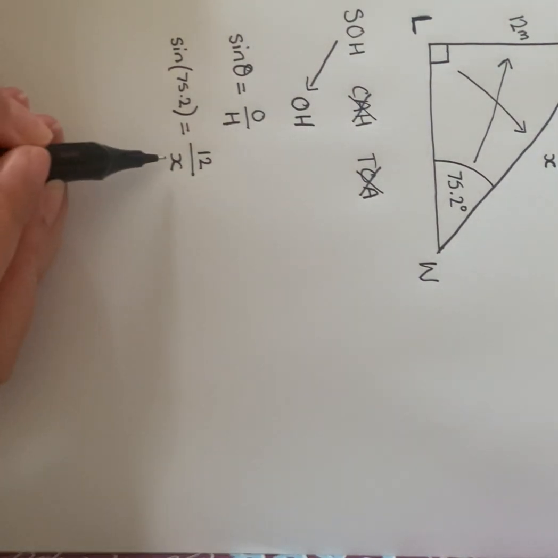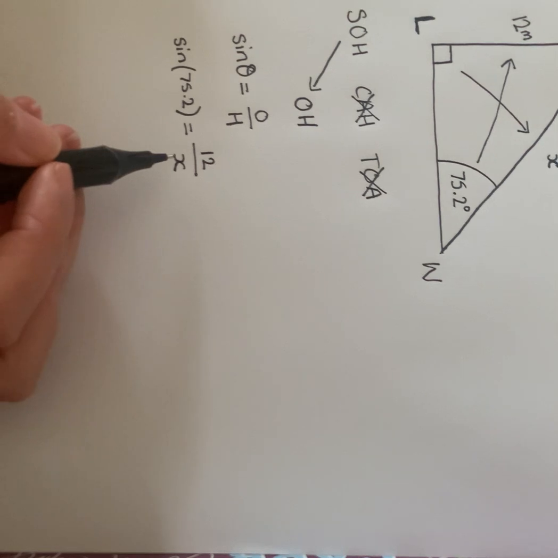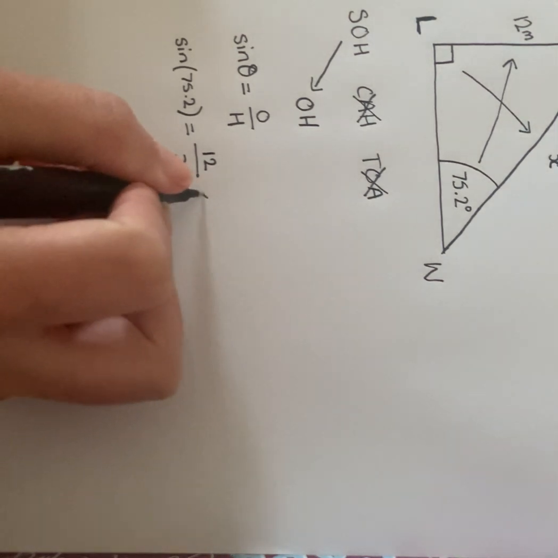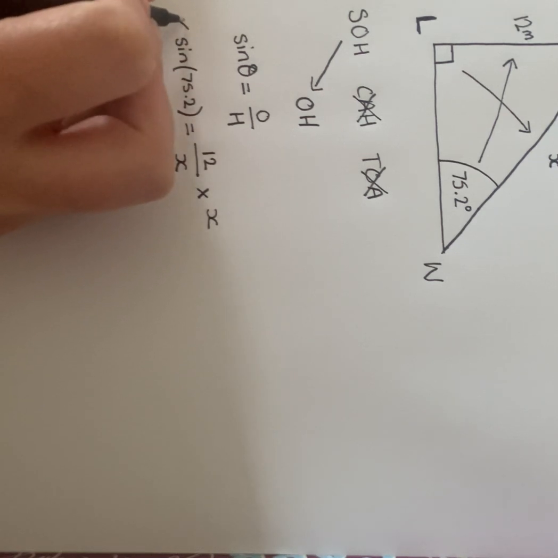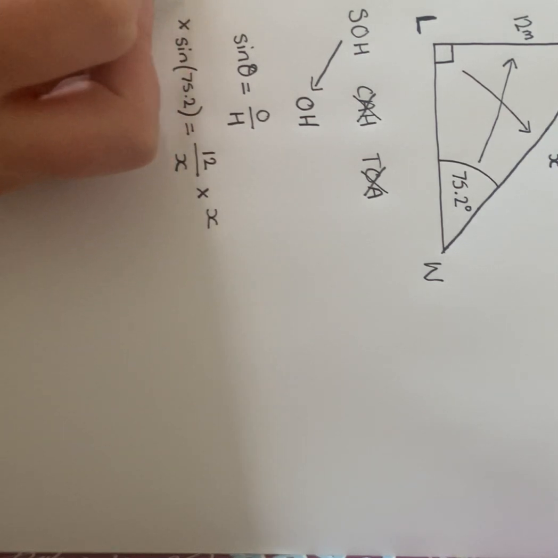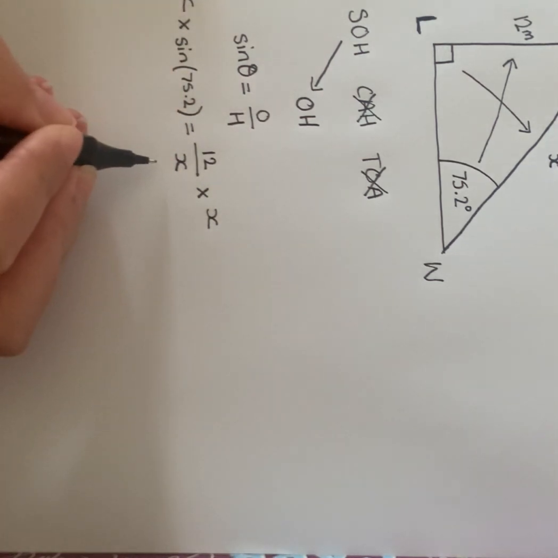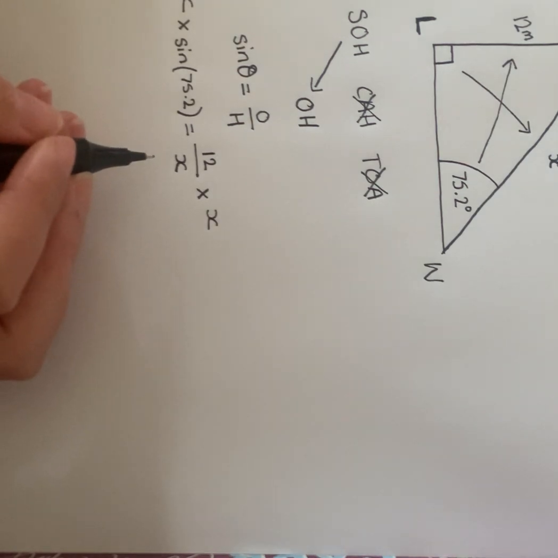So we just want to find X. At the moment, X is on the bottom of the right-hand side. It's in the denominator. We don't want that, so we need to get it out of the denominator. So I'm just going to multiply both sides by X, because I want X by itself on the left-hand side.